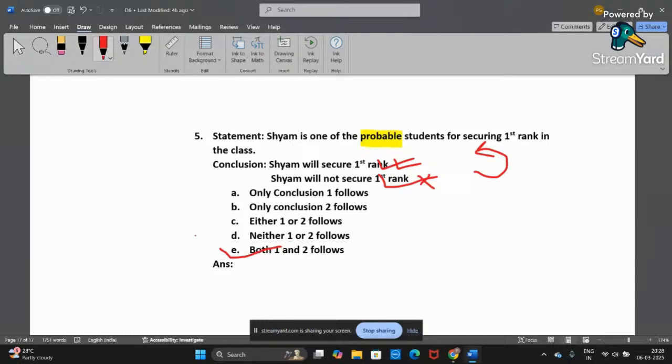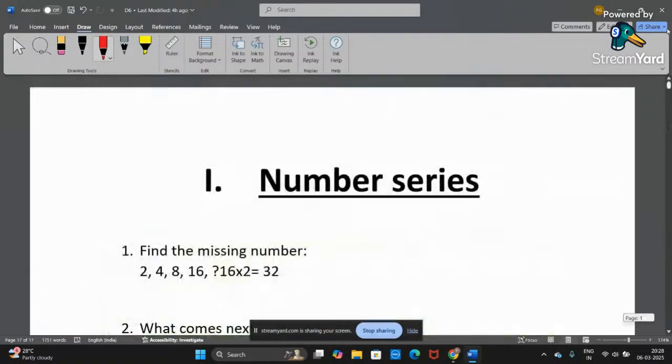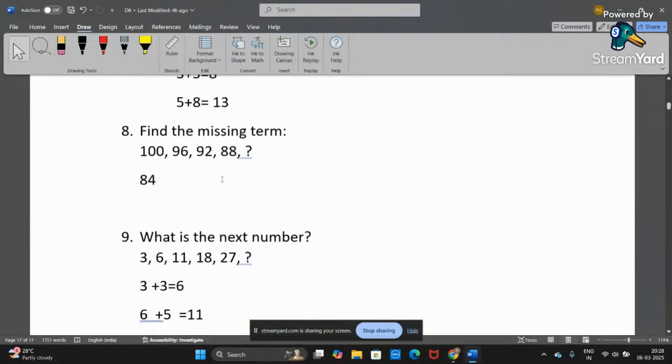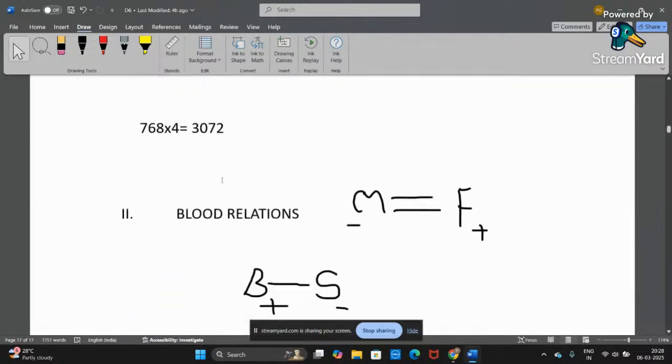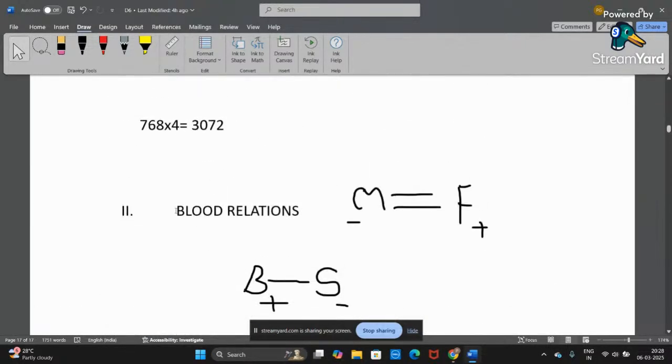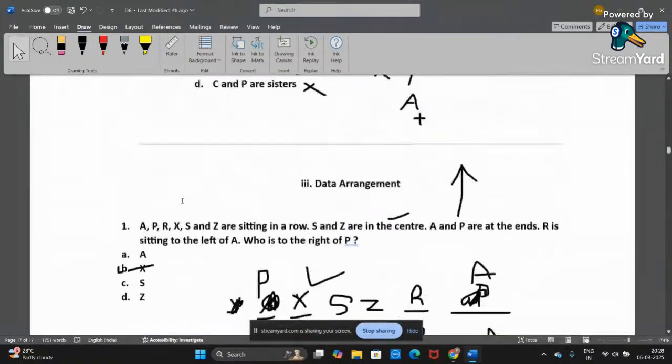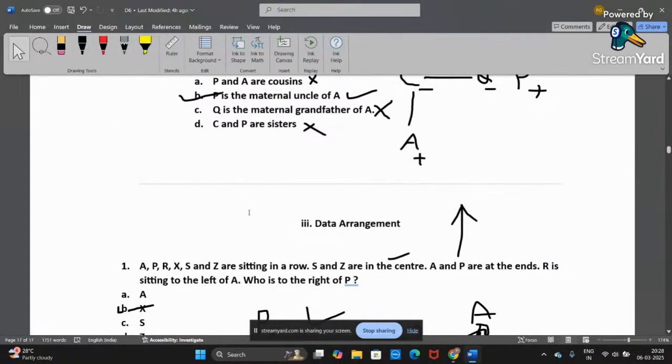Today we have completed, what are the topics we have completed today? First we started with number series, then we completed number series. Then we completed the blood relation topic. After that, we completed the data arrangement or seating arrangement.